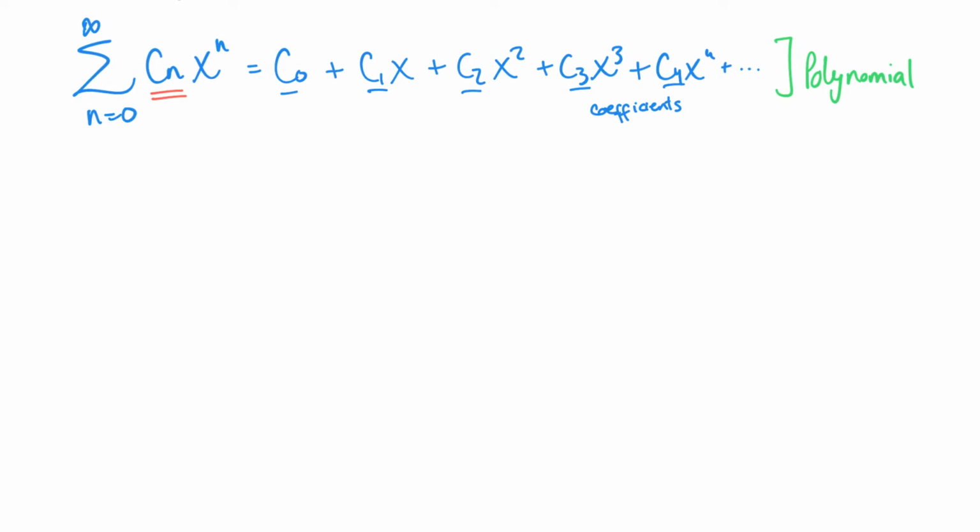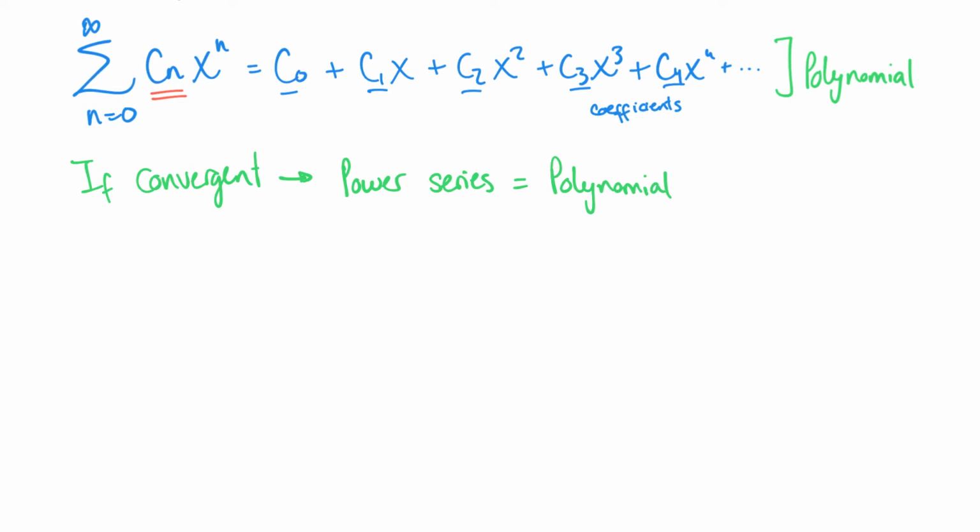Which means that if convergent, a power series will be a polynomial, which we can call f of x.